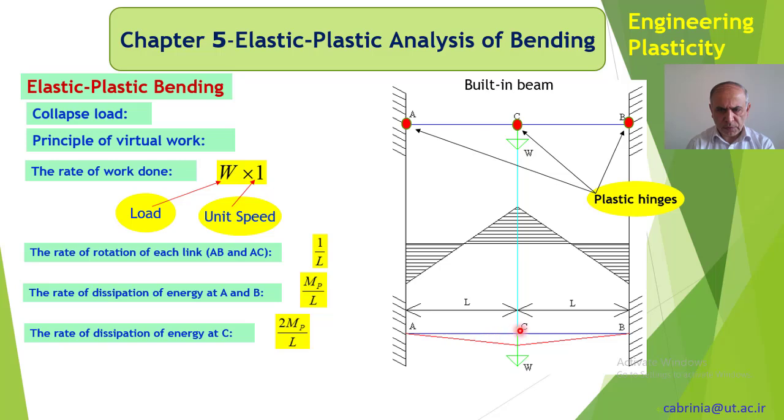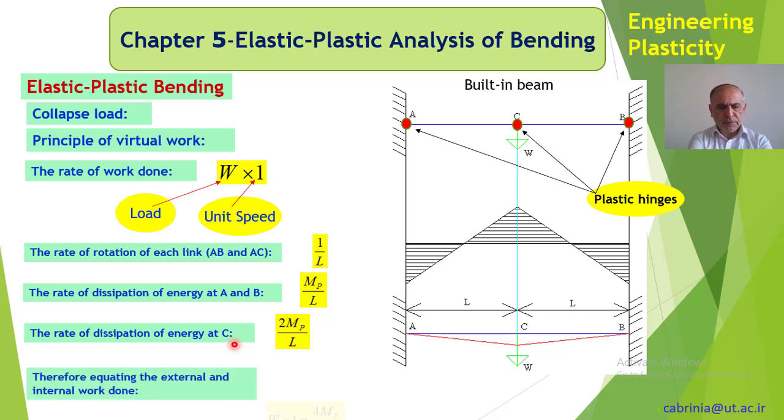Now, also for this point C, we have movement there and we have movement there, so it's 2 Mp divided by L, because here also we have Mp, but C is moving with these 2 links, so it has twice the speed, so we have 2 Mp over L. In other words, it's 2 over L times Mp, and if we add up this together, we got 2 Mp over L for this point, Mp over L for this point, and Mp over L for that point.